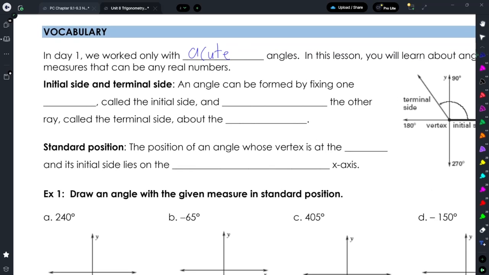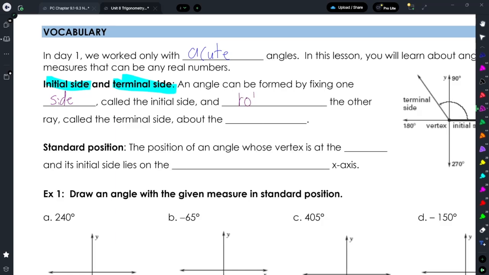So an angle is made up of an initial side and a terminal side. The initial side is like our starting point, our fixed side. So we fix one side and call that the initial side, and then we rotate the other ray, called the terminal side, about the vertex or pointy part of the angle.